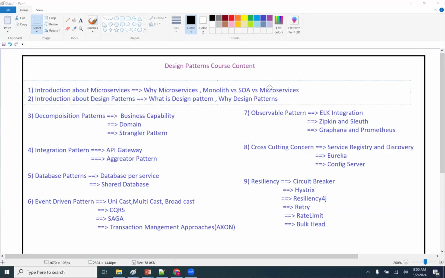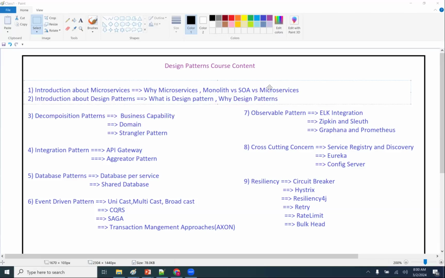If this batch is only one and a half months, we cannot complete Spring Boot in one month, right? So that's why we'll give some design patterns like gateway and resiliency. Some of the design patterns we'll focus on, but not all. This is design patterns end to end, but that is completely Spring Boot, for those who don't know anything about Spring Boot. I hope you got clarity.